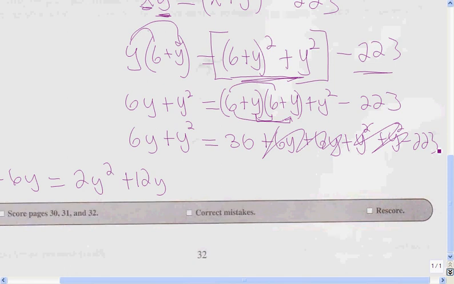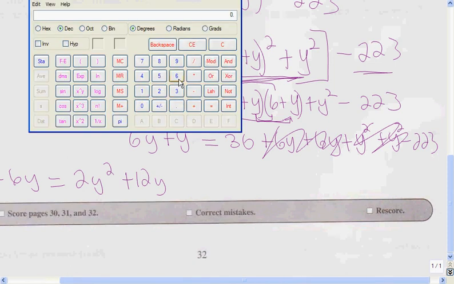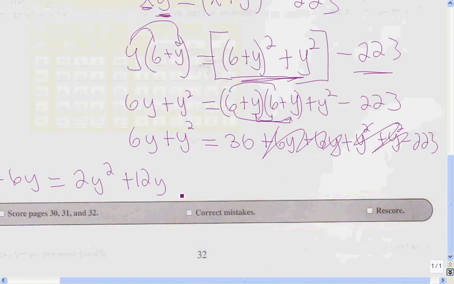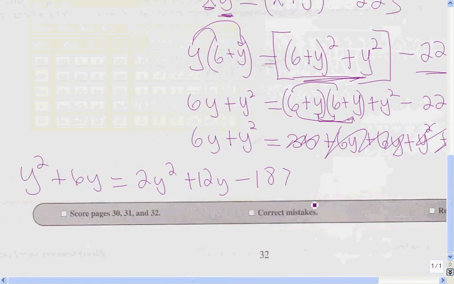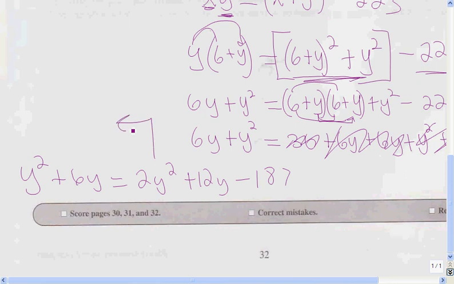And negative 223 plus 36 is a negative 187. All right. Now I need to put it in the form of ax squared plus bx plus c equals 0. So that means I need to move all these over to this side.